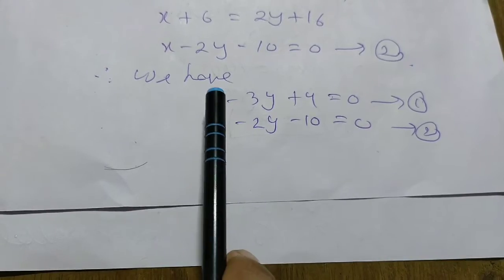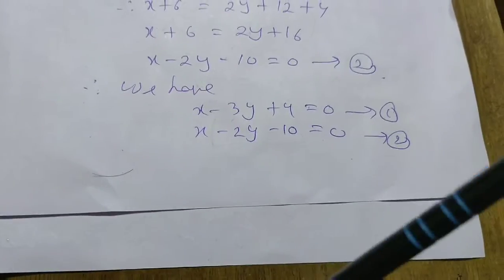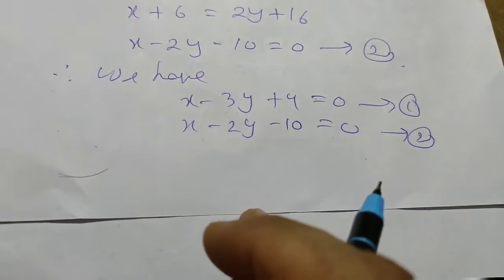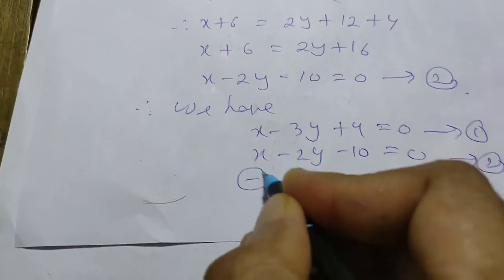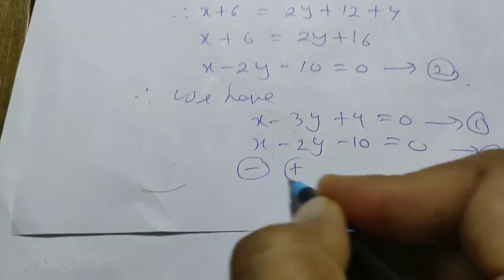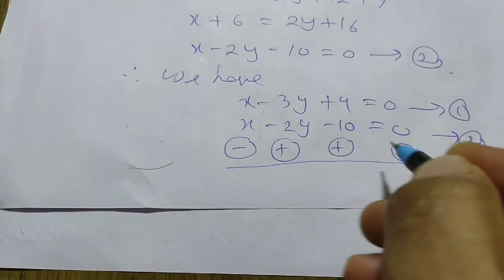In the first equation the coefficient of x is 1. In equation number 2 also the coefficient of x is 1. So we can subtract, and on subtracting 2 from 1, x will be eliminated. So we will do the subtraction. This is minus, the sign will change, this is plus, this is also plus, and this is minus.